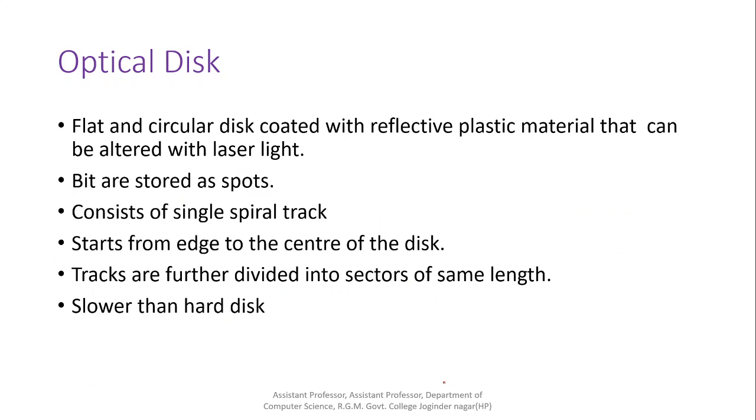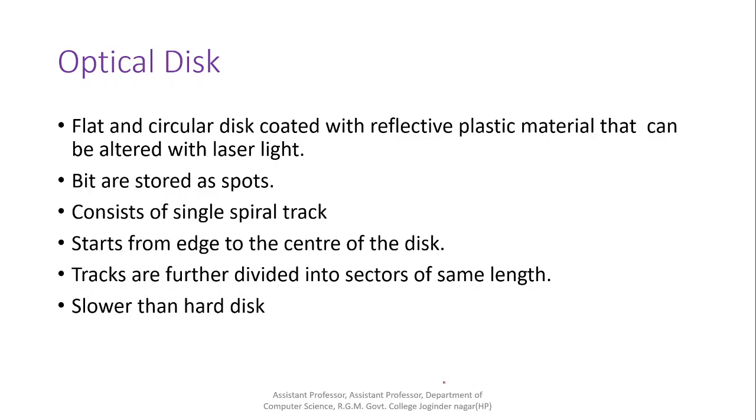An optical disk is a flat, circular disk coated with a reflective plastic material that can be altered with laser light. Optical disks do not use magnetism for reading and writing.